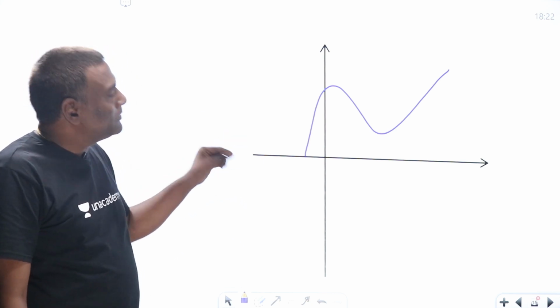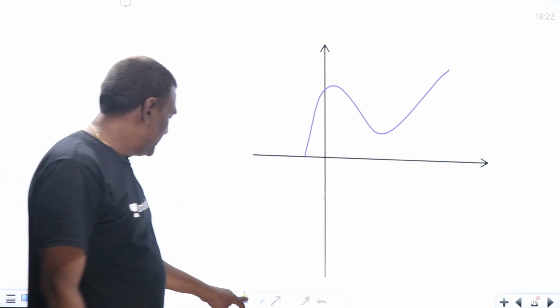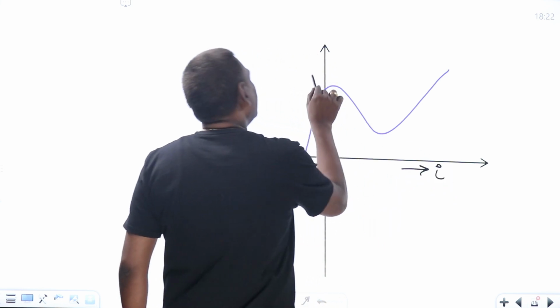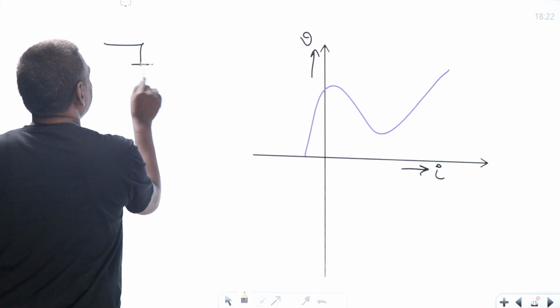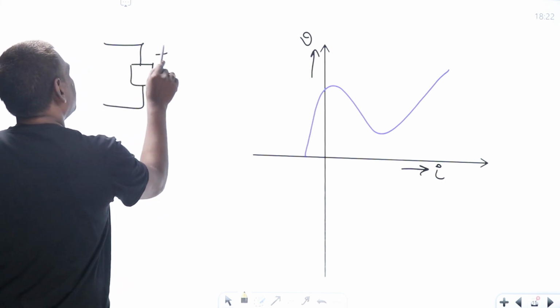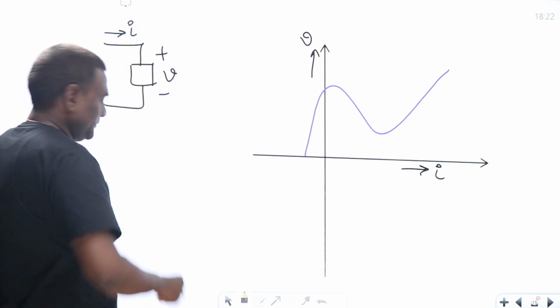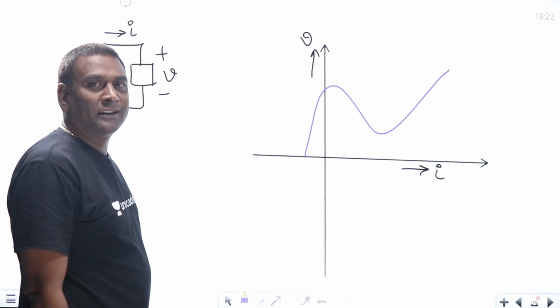A kind of UJT, but not really. This kind of characteristic. And here, again, it is current and it is voltage. For the time being, let me draw. Now, quickly, let us start. Is this characteristic linear or not?